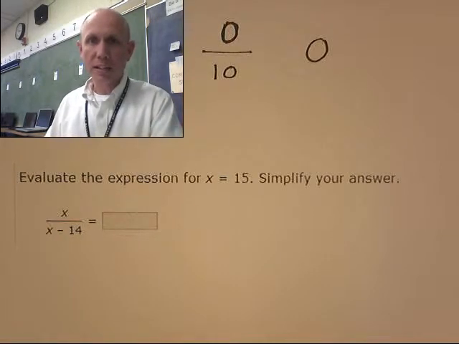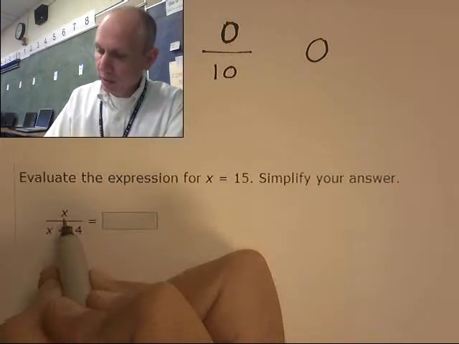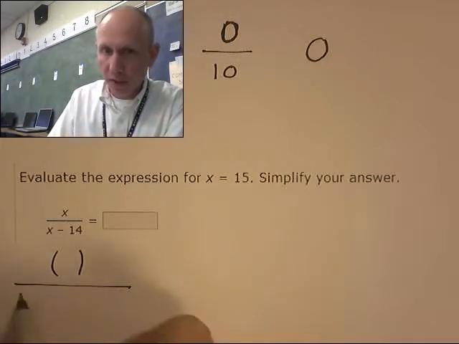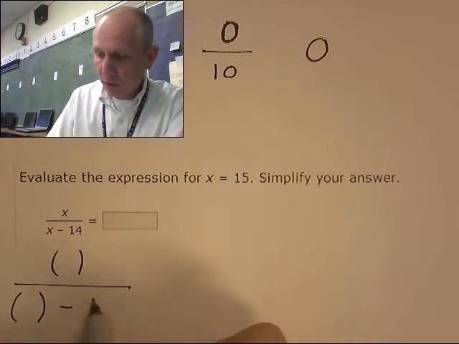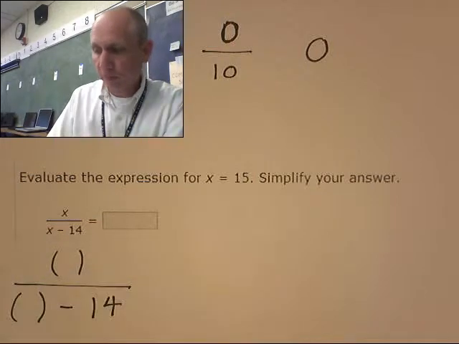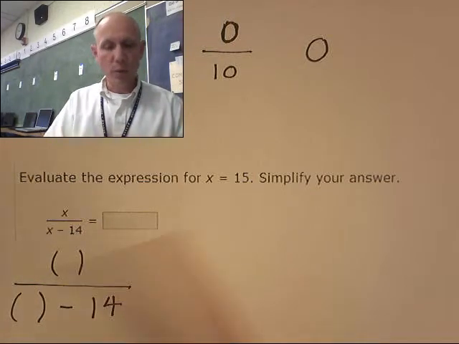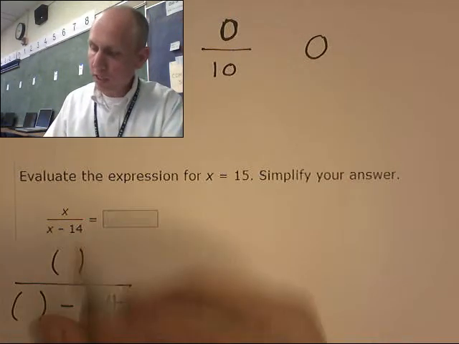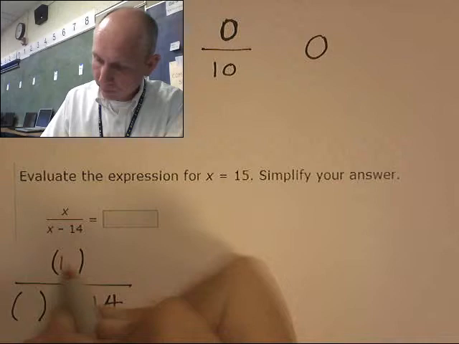Evaluate the expression for x equals 15 and then simplify your answer. Well, here's an x. I'm going to remove the x, replace it with parentheses, remove the x, replace it with parentheses. Now I'm going to put my value in the parentheses, so this 15 is going to go in the parentheses.